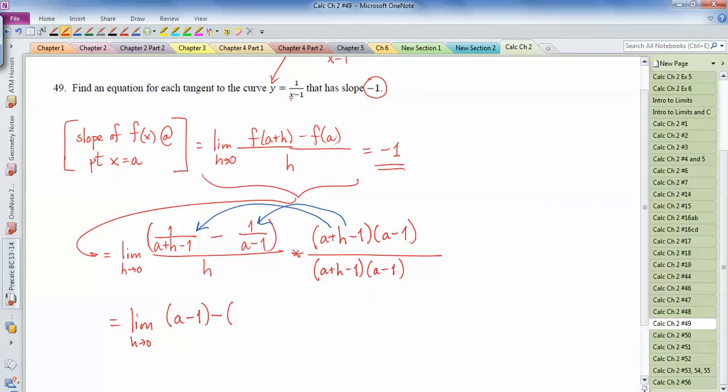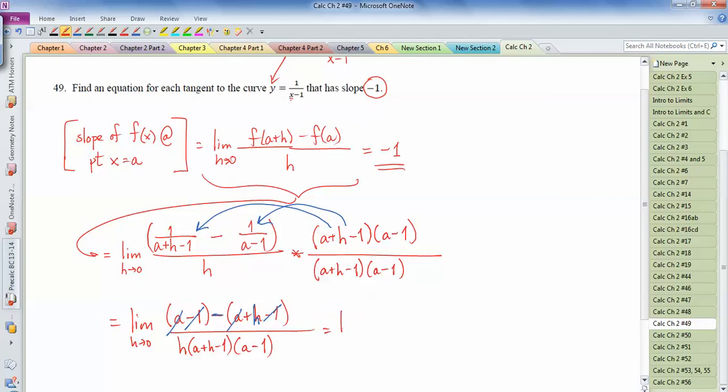So minus a plus h minus 1 all over h times a plus h minus 1 times a minus 1. And then stuff should cancel, and basically all of your non-h terms in the numerator ought to cancel. And I've got a minus a, I've got negative 1 minus negative 1. So really I'm just left with the negative h on top here.